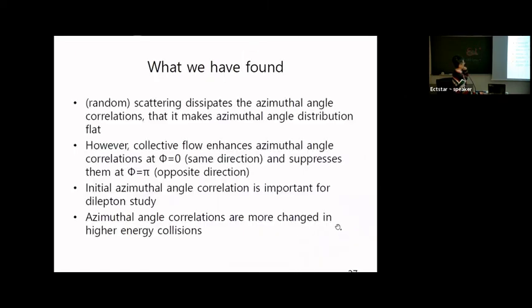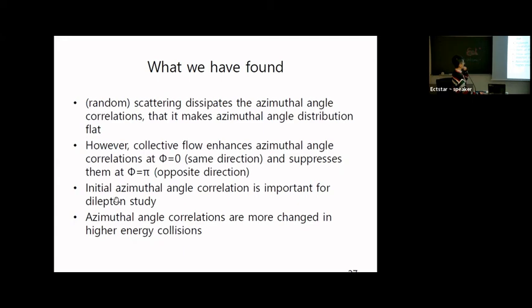And what we have found is the following: random scattering dissipates, destroys, the azimuthal angle correlations, so it makes azimuthal angle distributions flat, independent of angle. However, collective flow enhances azimuthal angle correlations at phi equals 0, same direction or co-moving, and suppresses the correlations at phi equals pi, suppresses back-to-back correlation.